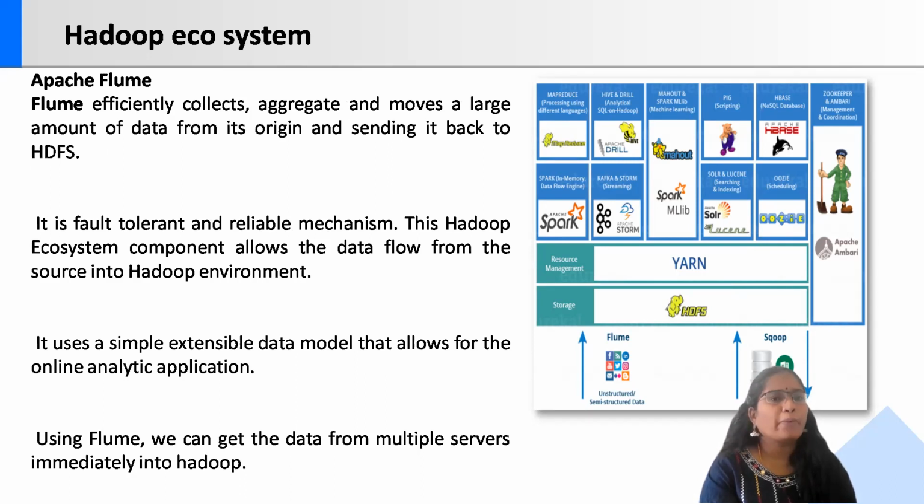The next component is Flume. It mainly handles large amounts of data sets and provides a fault-tolerant and reliable mechanism to handle data from multiple servers. It efficiently collects, aggregates, and moves a large amount of data from its origin back to the HDFS system.